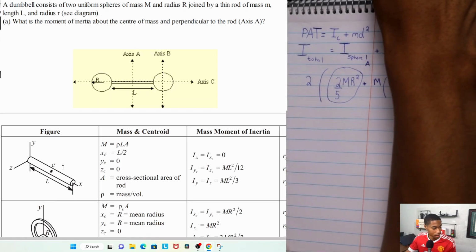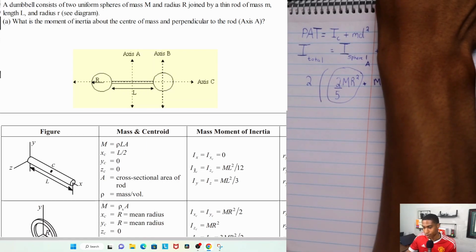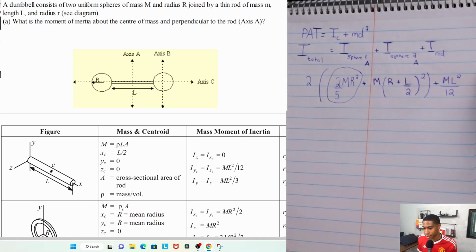It's kind of hard to point at C. Okay, that's the center of my rod, and that's the axis that we're using about the center of our rod. And so in our problem, axis A is at the center of our rod. So we took the moment of inertia about the center of the rod from our chart for our problem.